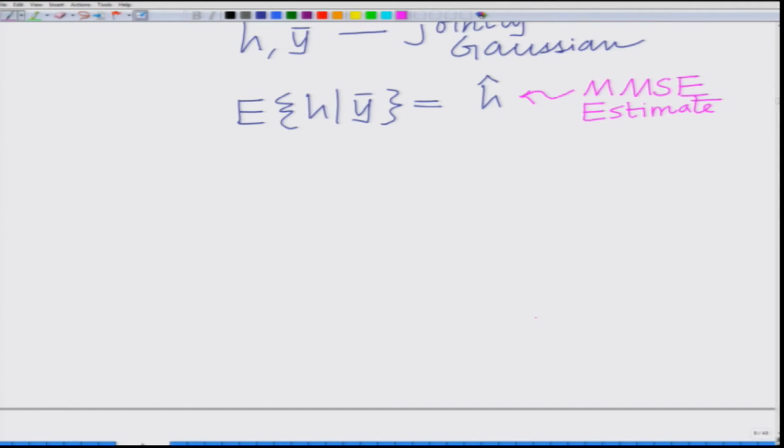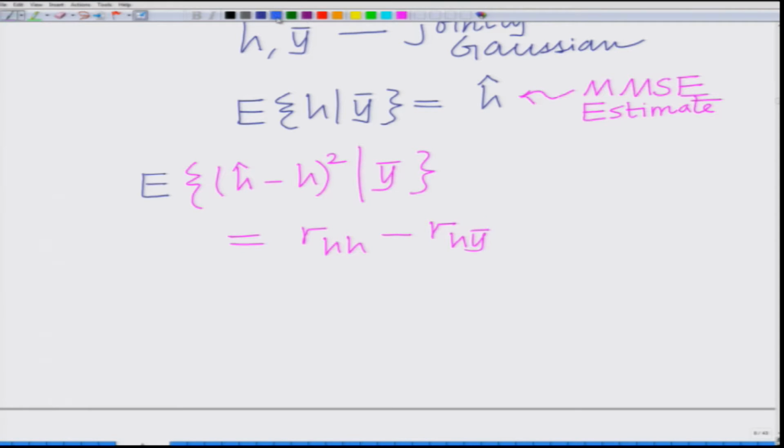Further, the MSE, the mean squared error, that is the expected value of h hat minus h whole square given y bar, is R hh minus R h y bar, the cross covariance, times the inverse of the covariance matrix, times R y bar h.